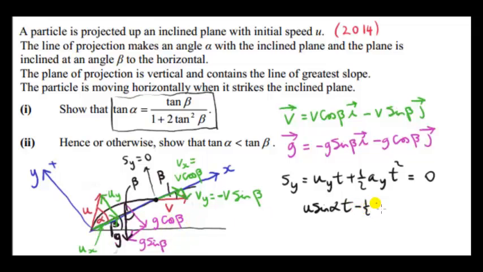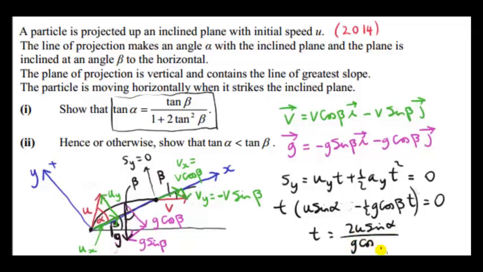So we minus a half g cos beta. Of course, we know what to do here. We just factorize t out of this. One of the solutions is t equals naught. That's when the particle is here. We don't want that solution. By setting the other factor equal to naught, we get t equals 2u sine alpha over g cos beta.